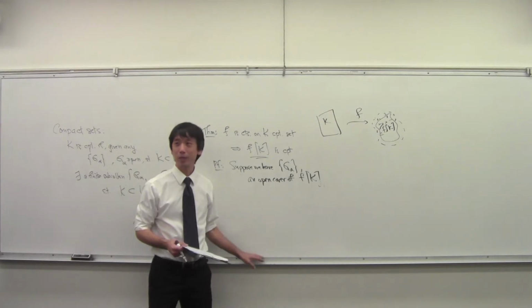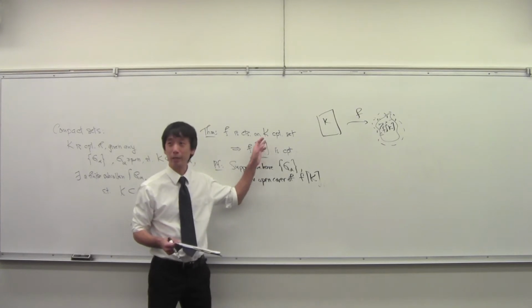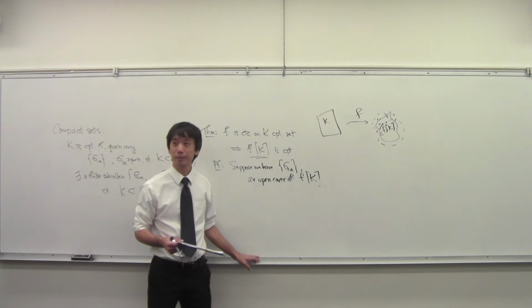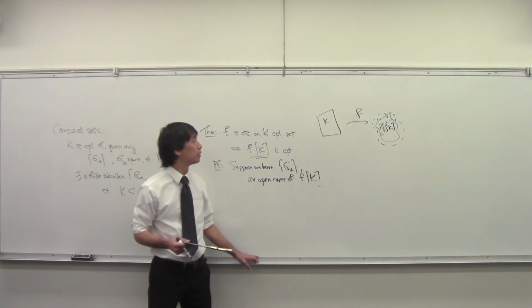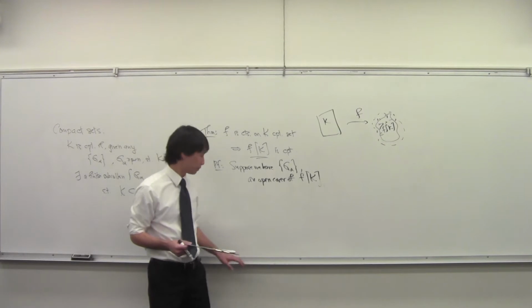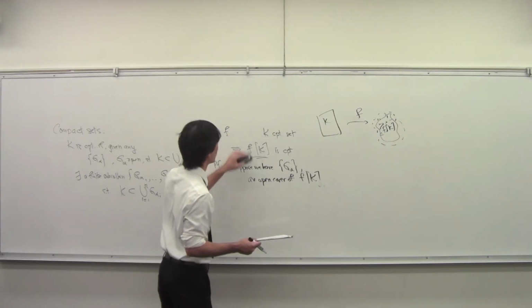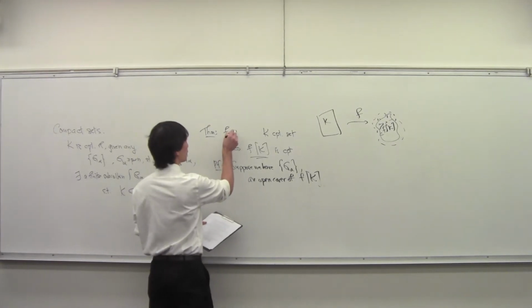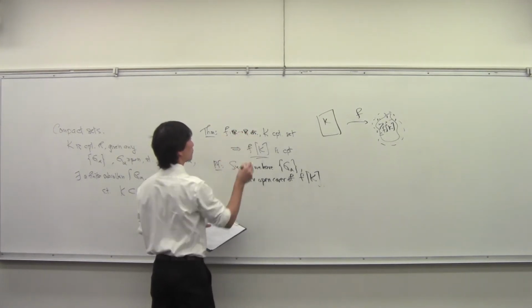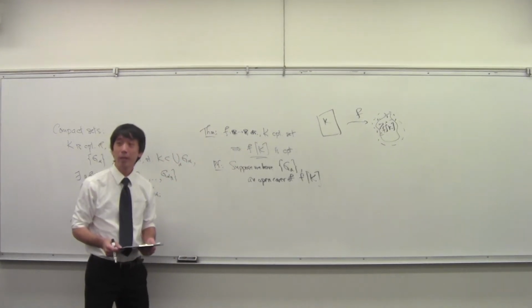So how do we do this? Did anybody figure it out? Nick. I have a guess. Since it's a map, you can map that open cover back to K. The function is continuous on K, and you know that K is compact, so there's a finite subcover over K. Then you can remap that finite subcover back onto F of K. Exactly, that's perfect.